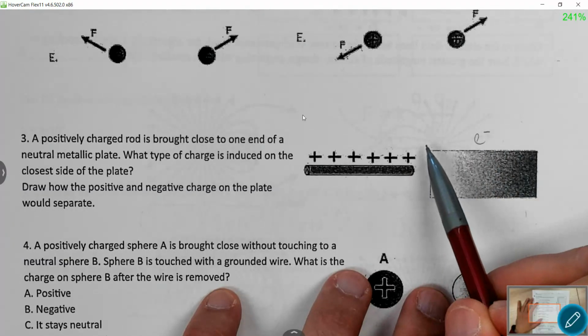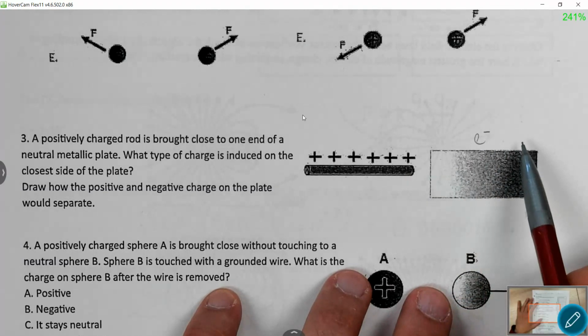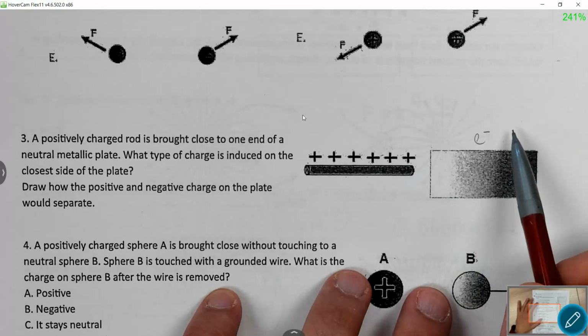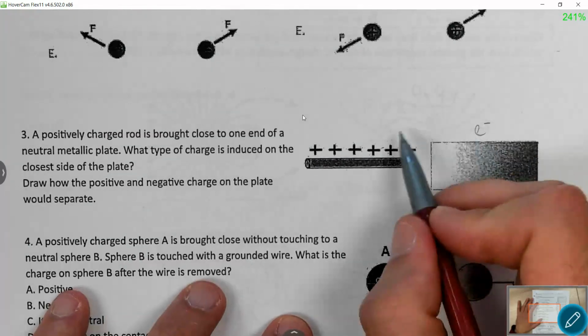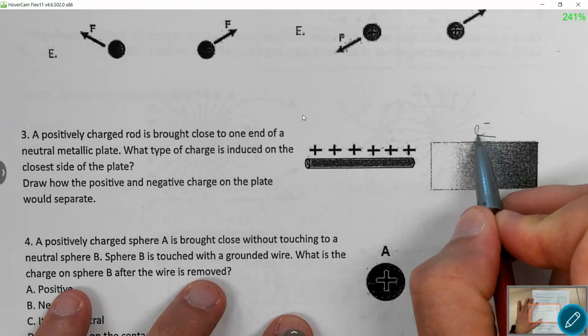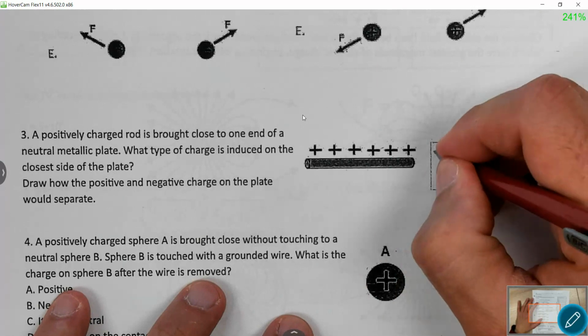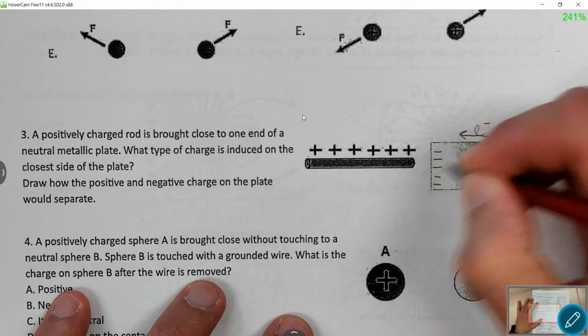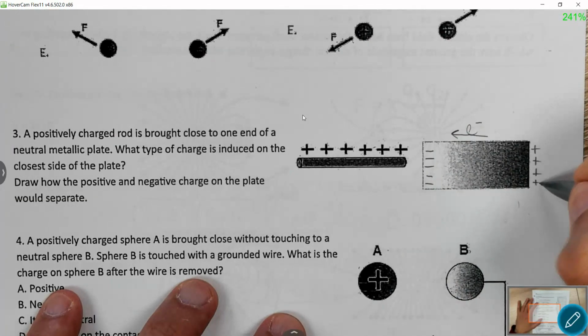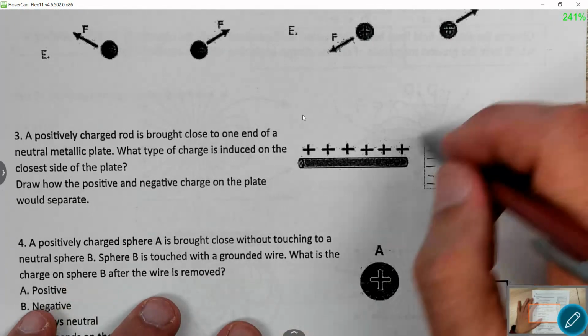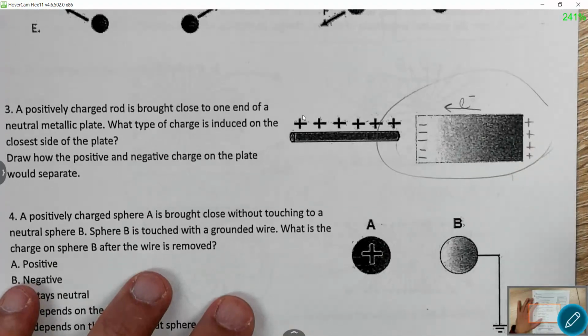Towards positive, attracted to it, or is it repelled by positive? Positive and negative attract. Correct. So the electrons are going to want to try and go to that. So they're going to try and go to this side, which would mean this side of the plate would be negative charge, and this side over here would be more positively charged. Okay, so you would basically add that drawing in there.